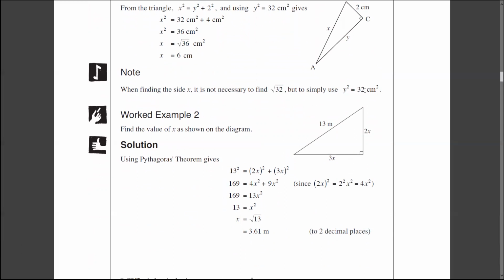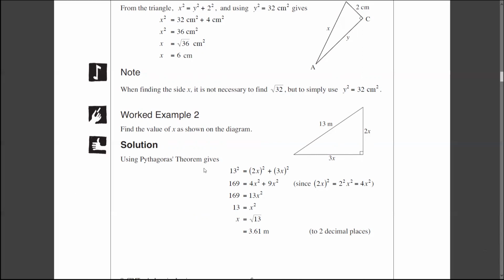Cool. All right. So another one is find the value of x. You have 13 as the hypotenuse, and the two shorter sides are 2x and 3x.